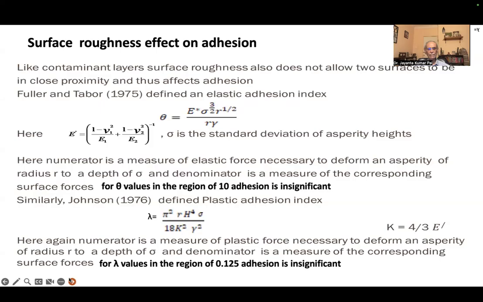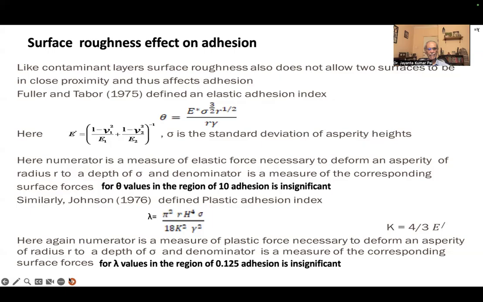Now here, obviously E star or E dash is the combined elastic modulus. Sigma is the standard deviation of the surface asperity heights, and R is the asperity radius. And gamma is the surface energy.